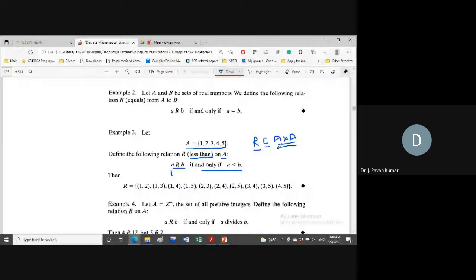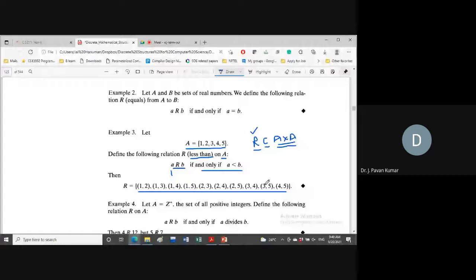We have 5 elements, so 5 into 5. Every element will be paired with each of the 5, and those tuples we define as a relation. So for a less than b, we will have a subset like this.